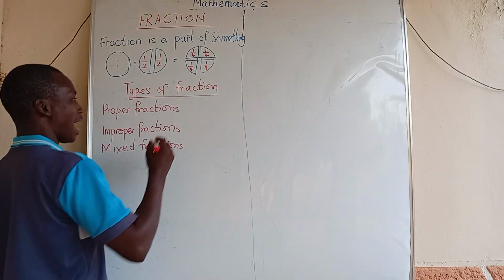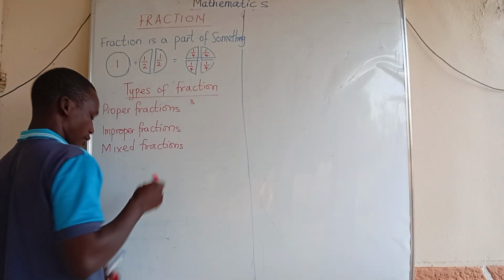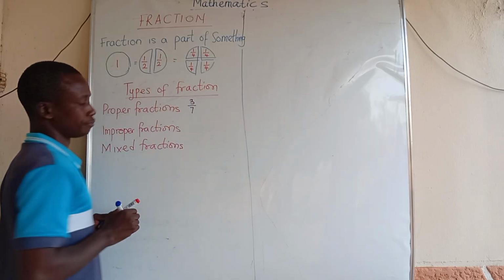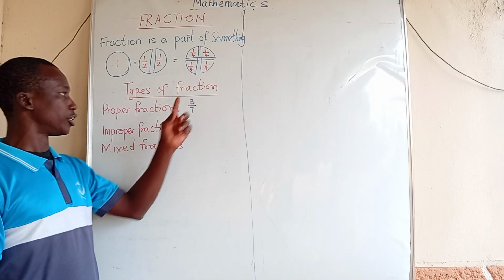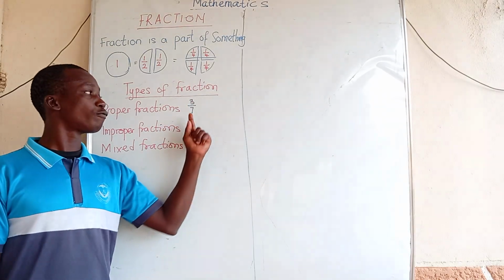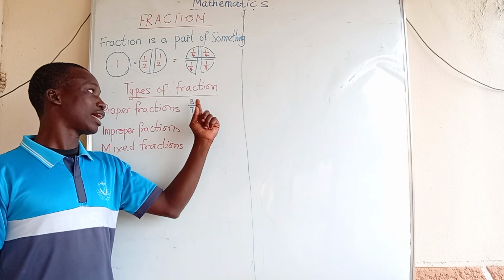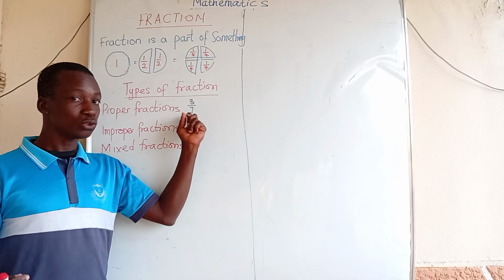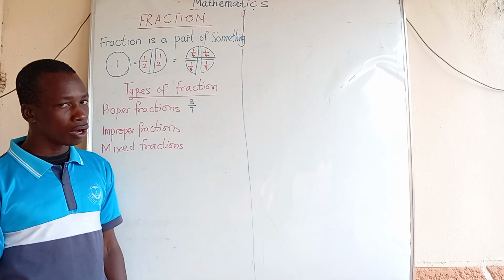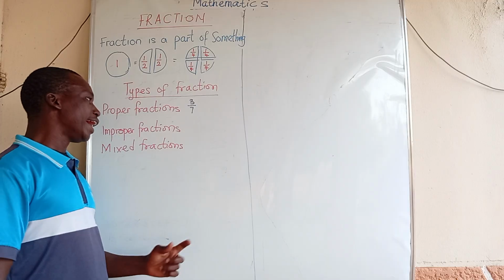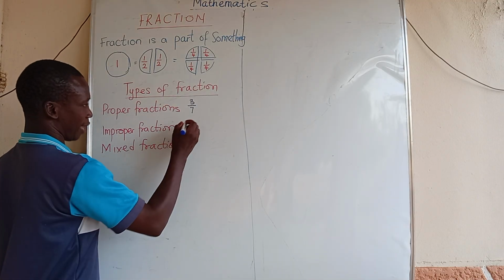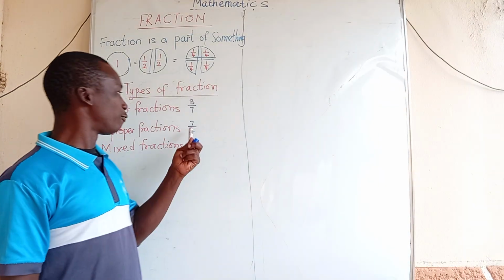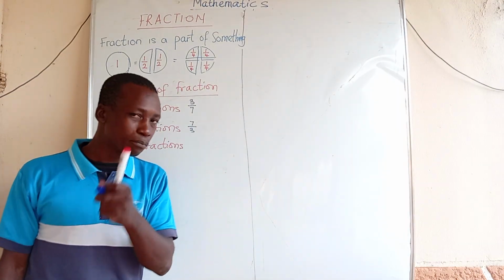By the time I say 3 all over 7, this is a proper fraction because it is proper for 7, which is a large number, to carry 3, which is a small number. But in a case where a large number like 7 is being carried by 3, it is not fair. So we call this type of fraction an improper fraction.